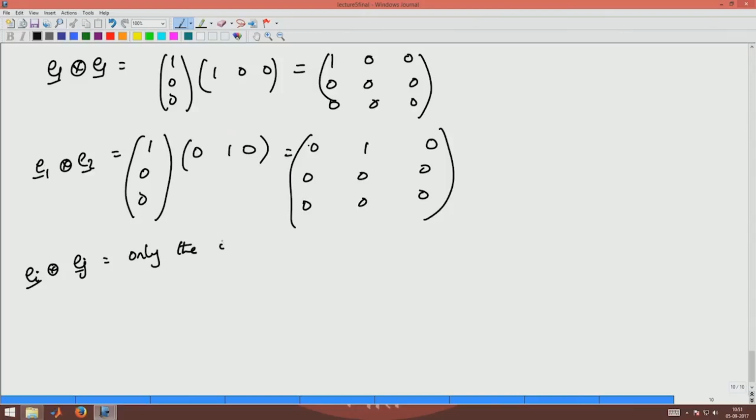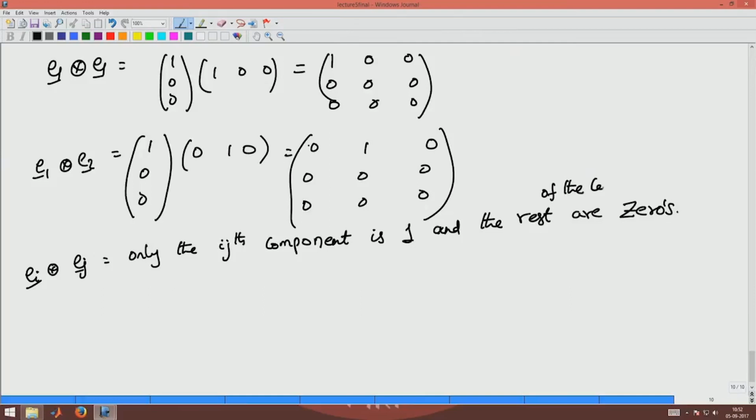In general, Ei tensor product Ej means only the ijth component is 1 and the rest of the components are zeros. So, what does that mean?